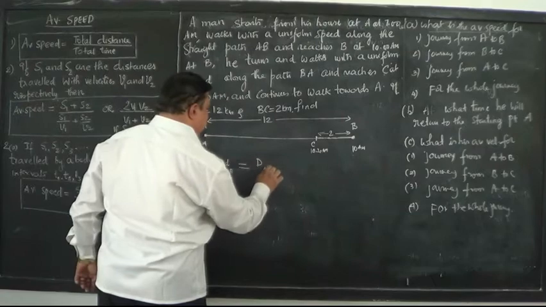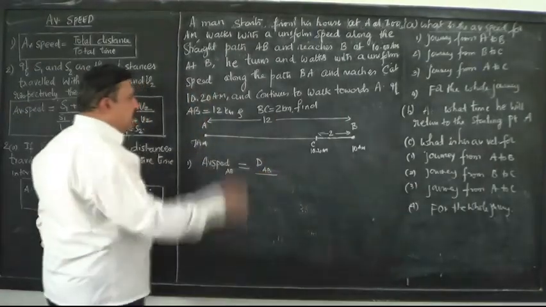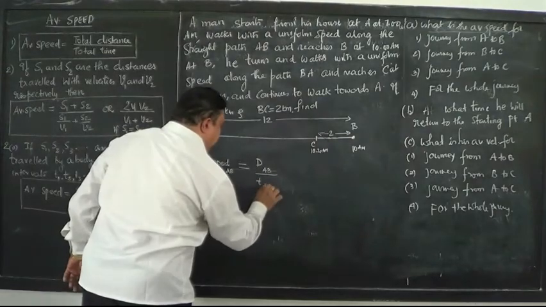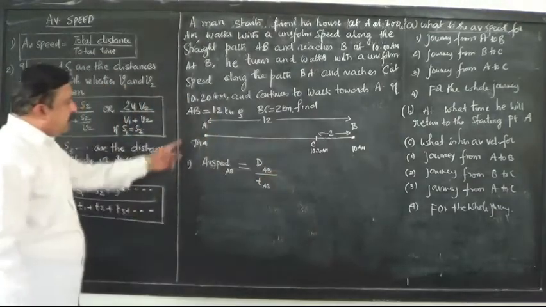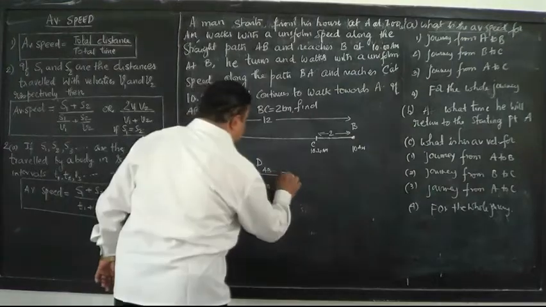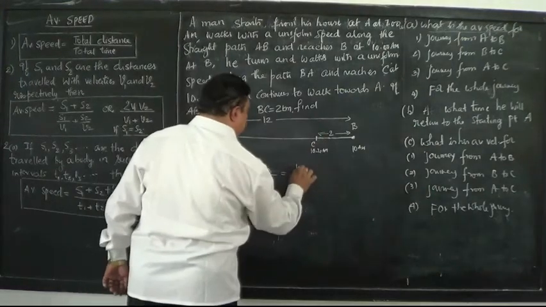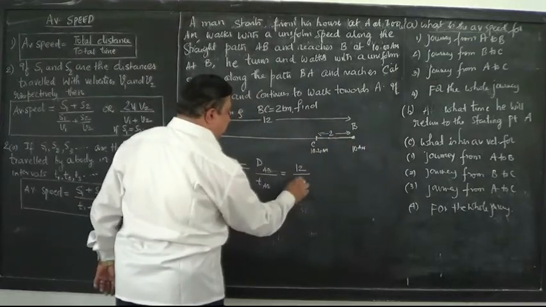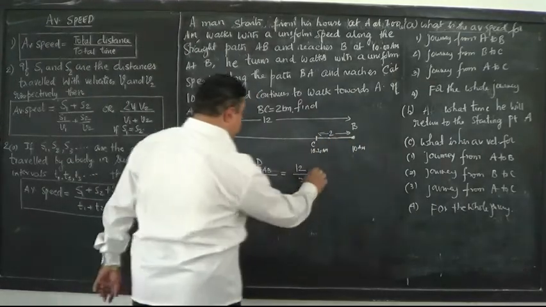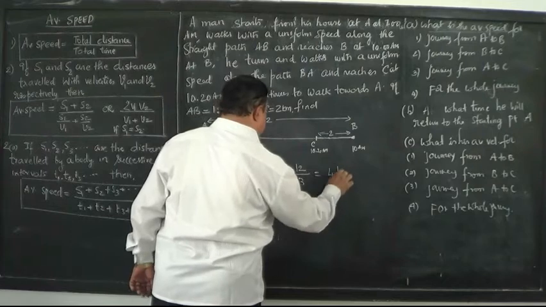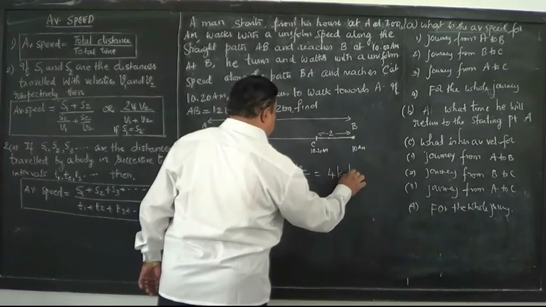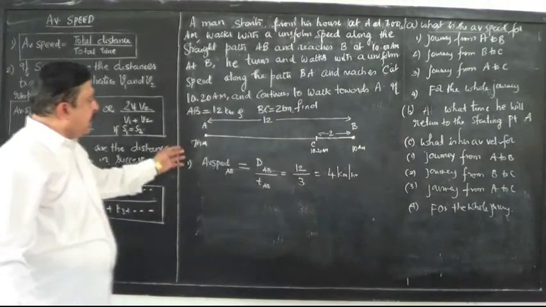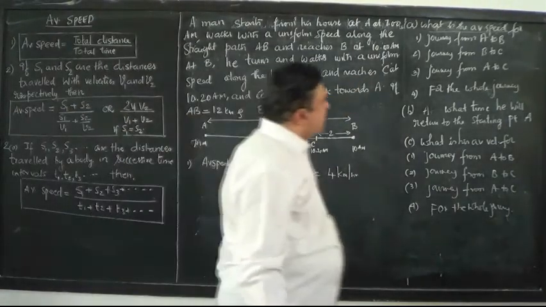That is distance AB divided by time taken, T for AB, the time required to travel from A to B. It is given that the distance from A to B is 12 kilometers and the man starts at 7 and reaches B at 10 o'clock, which means he has taken 3 hours. So the average speed is 4 kilometers per hour. The man's average speed in moving from A to B is 4 kilometers per hour.